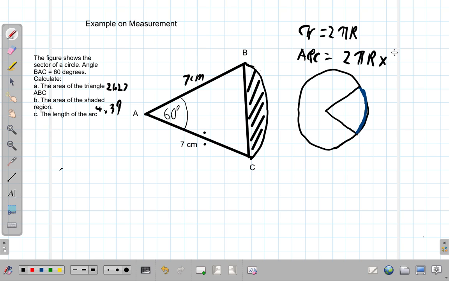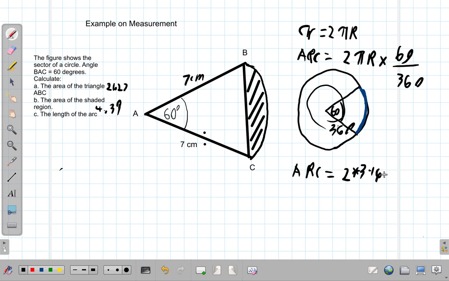So you multiply by the angle in here, 60 degrees, over the total angle of 360 degrees. It takes up that proportion of the entire circle. So the arc length is 2 times 3.142 times radius 7 times 60 over 360.